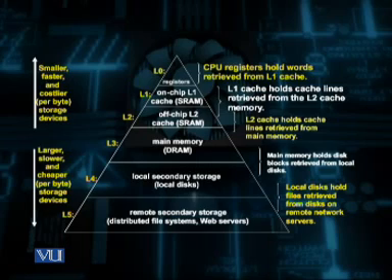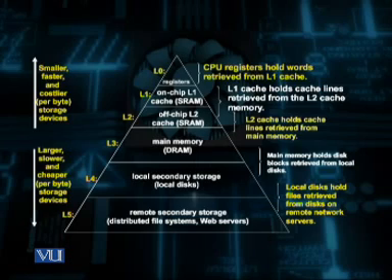Whereas the next level is the level of the main memory, which is usually implemented by using dynamic random access type of memories. We will be talking about this type of memories in a few moments. And the next higher level of the memory is referred to as the local secondary storage.